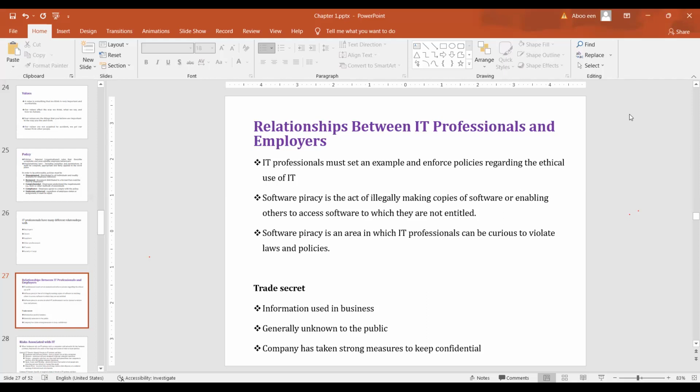This is also software piracy. Sometimes companies buy and implement licensed versions of software, for example ERP systems, payroll systems or accounting packages.